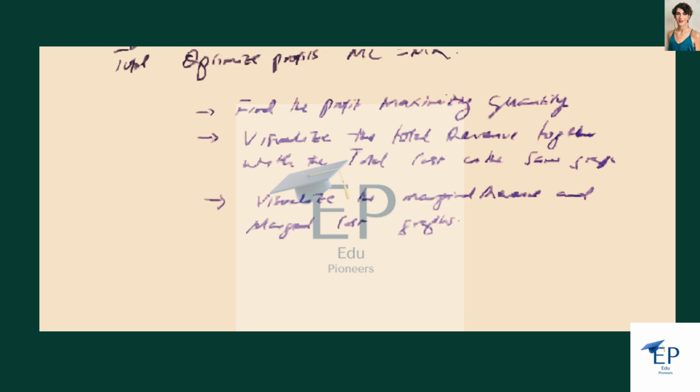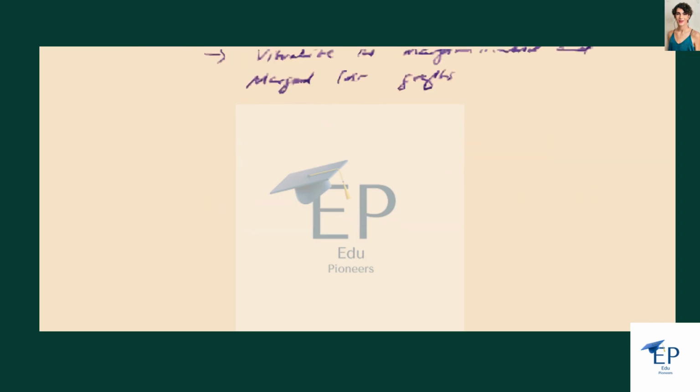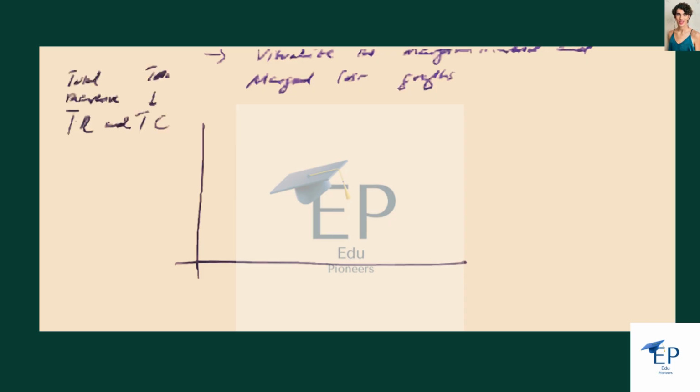So the first thing we're going to do in this particular problem is to address the graphical issues. Those are the things we're looking at. The first graph that we discuss is the total revenue and total cost graph. Just remember that TR is total revenue and TC is total cost. That's based off of the data provided.